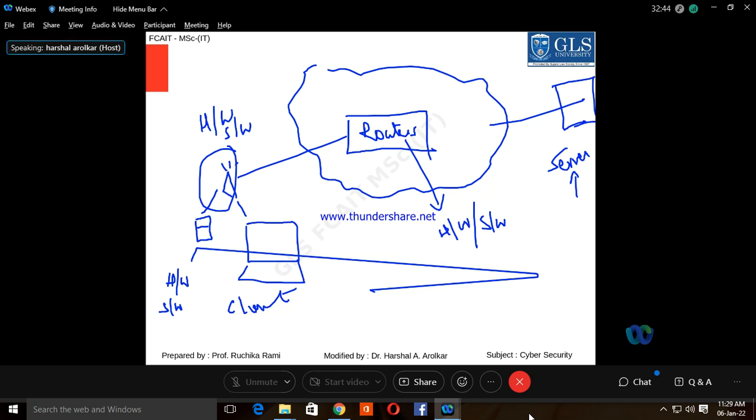Okay, so if I talk about securing a mobile device in terms of hardware, then if I take a look at this particular mobile, what I've done is I have used a case on top of this.